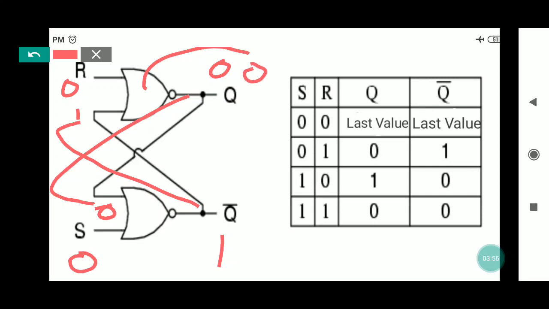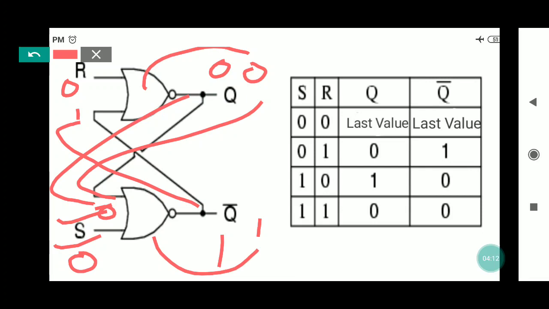Again the same thing will happen, this 0 comes here, and again the inputs are 0, 0, and again the second NOR gate will give 1 at the output side.